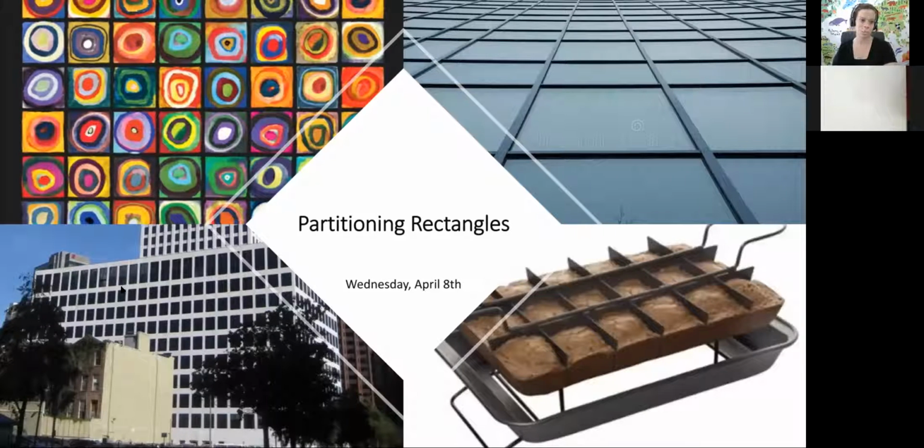This building is a rectangle. This plate of delicious brownies is a rectangle. This artwork here really is a large rectangle. It's just partitioned or broken up into little squares. All right, so that's what partitioning rectangles is talking about.